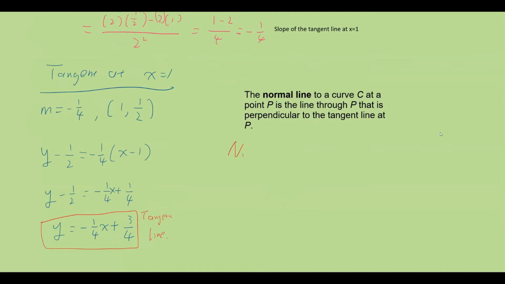So for the normal line, it's going to be perpendicular to the tangent. That means the slope of a normal line times the slope of the tangent line is going to be negative 1. That's the property of perpendicular lines. When you multiply the slopes of two perpendicular lines, the result is always going to be negative 1.